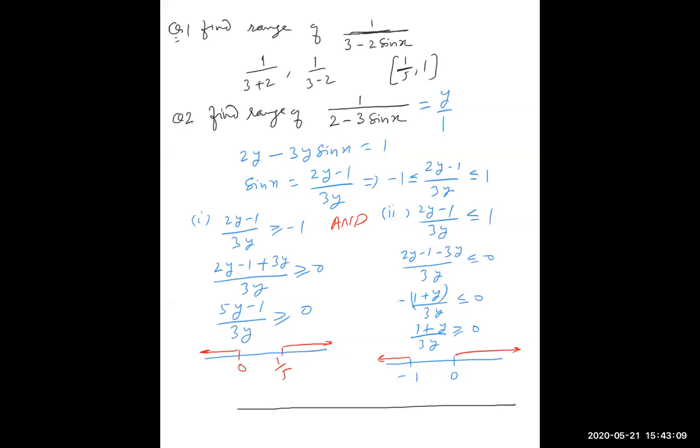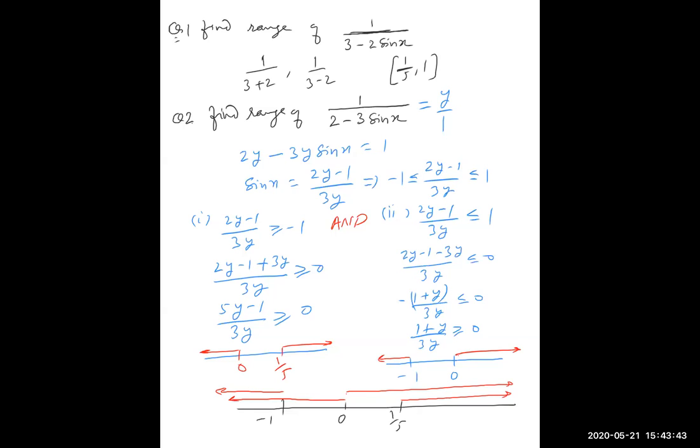So what are the numbers here? Minus 1, 0, 1 upon 5. The first solution is less than 0 and greater than 1 upon 5. The second solution is less than minus 1 and greater than 0. Now you check what is the common part, that will be the answer.